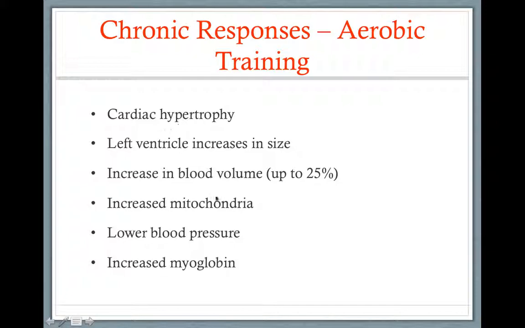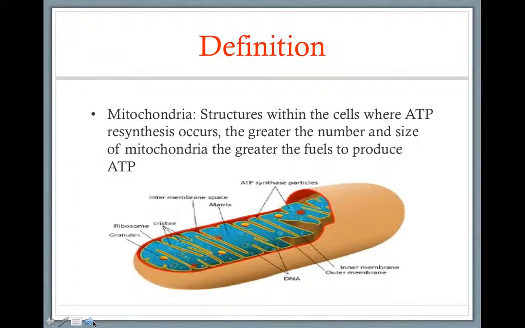There's another one there where some of you might go, increased mitochondria, and you might go, hey, I'm not quite sure on that one. Here we are, another definition. Mitochondria: structures within the cells where ATP resynthesis occurs. The greater the number and size of mitochondria, the greater the fuels to produce ATP.